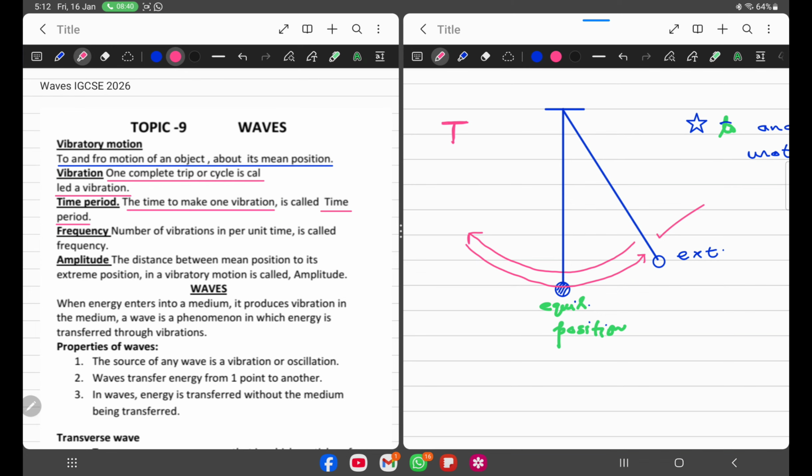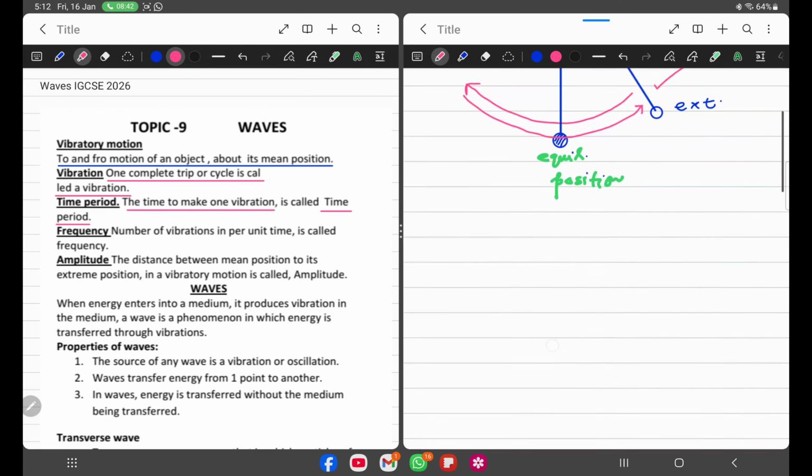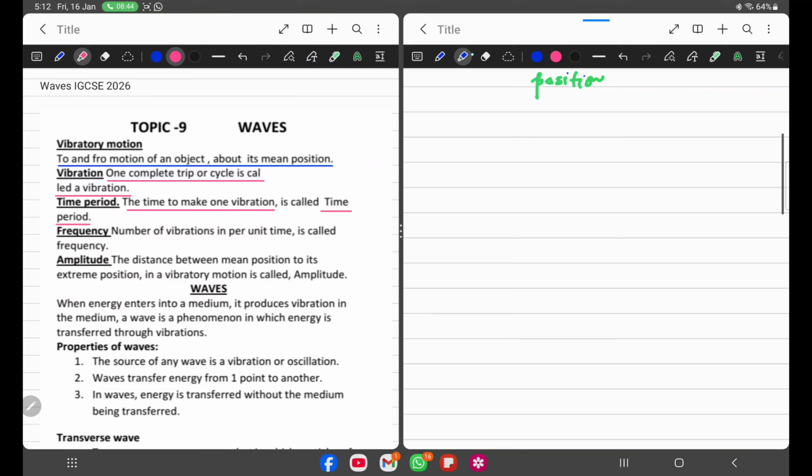But sometimes an object vibrates very fast. Consider we have a rubber band or a string which is stretched between two supports. When I pluck the center of the rubber band and then release, the rubber band also performs vibratory motion.